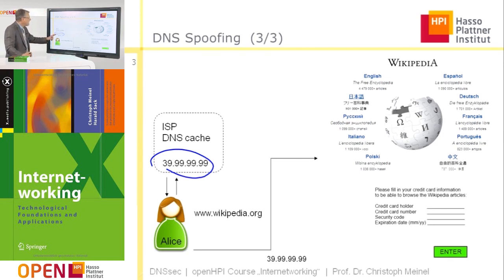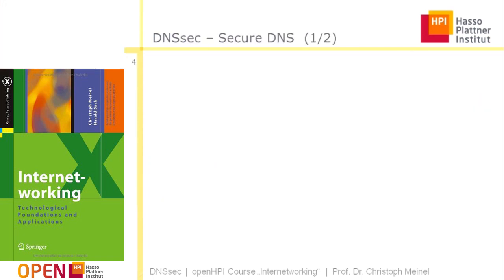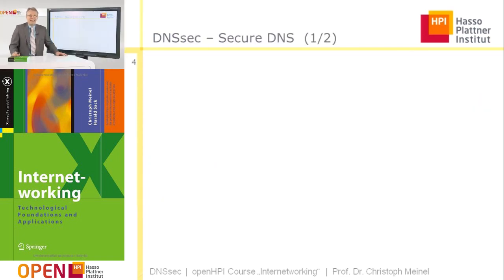So you see, the problem is that in the domain name service cache, in the domain name service communication, since it is based on UDP, there are no security features and manipulation is easy. To avoid exactly this attack, Secure DNS was introduced, DNSSEC.